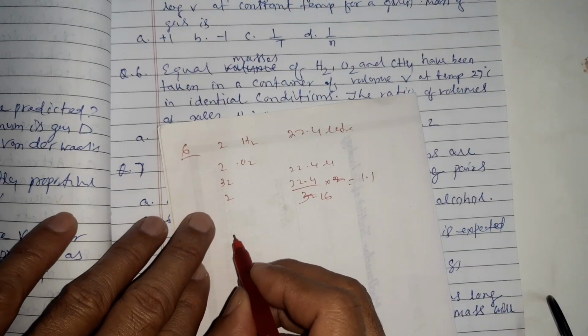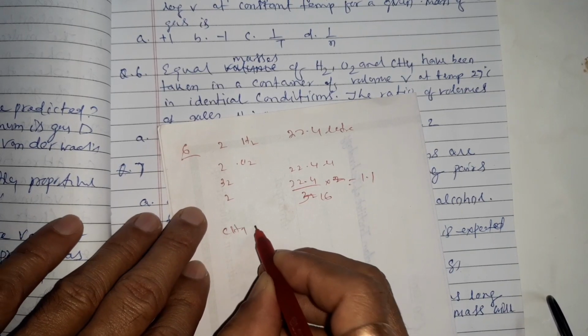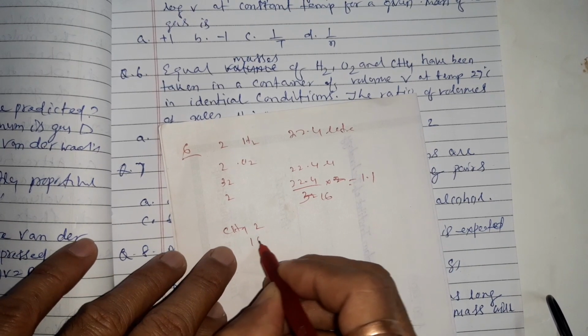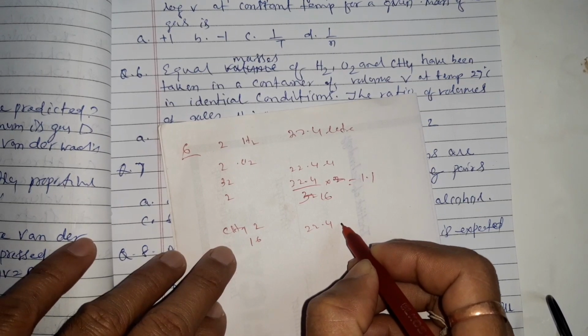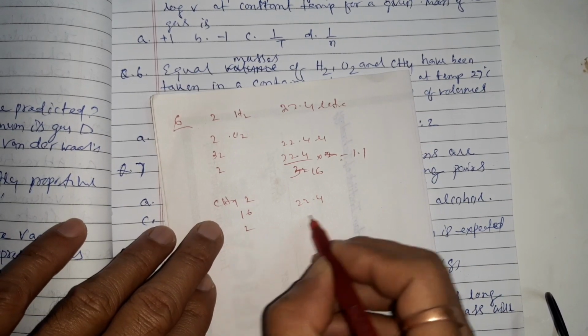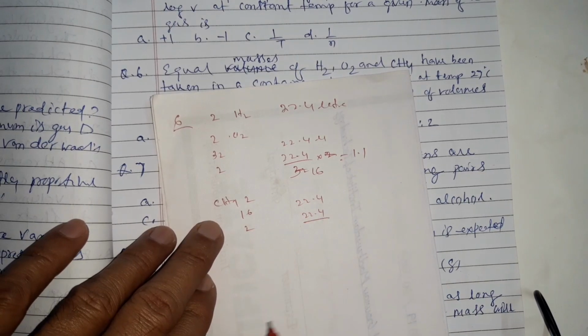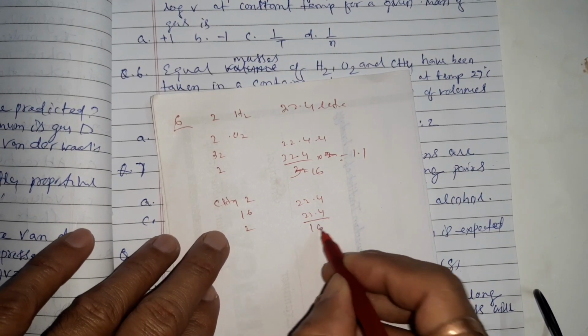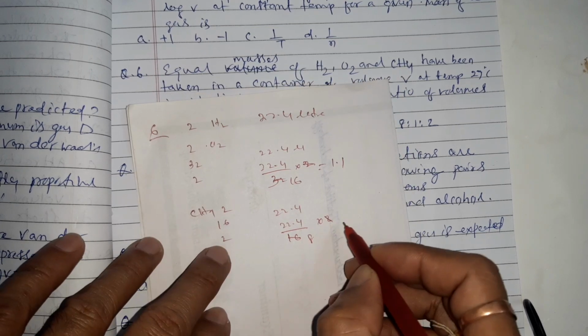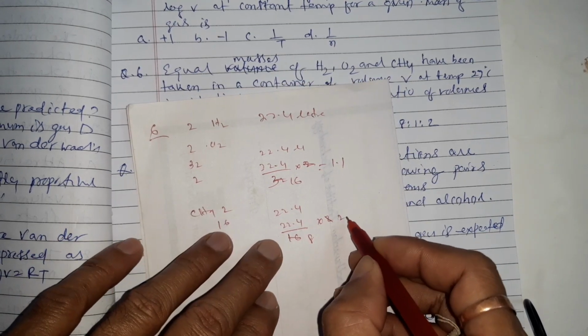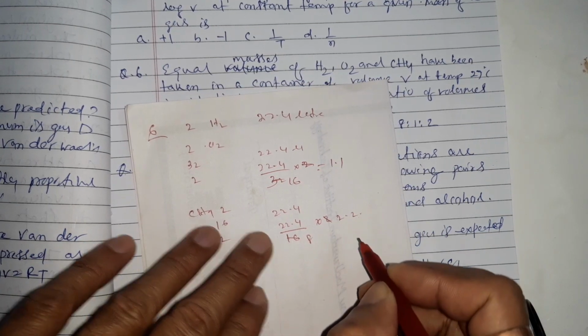Okay. For methane you take 2 grams. So 16 grams weighs volume 22.4 liters. So for 2 grams, 22.4 divided by 16 multiplied by 2, so it is 2.2 something you will get.